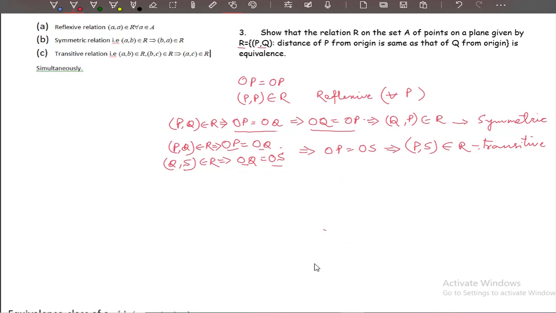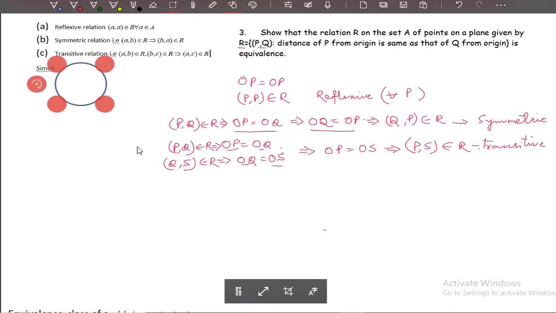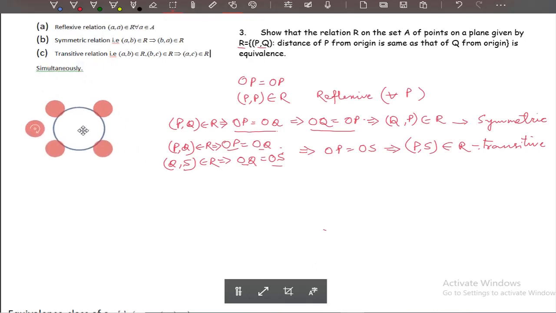Now you will understand better if I take one circle.